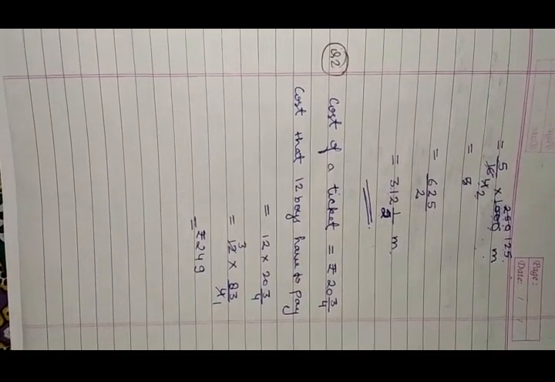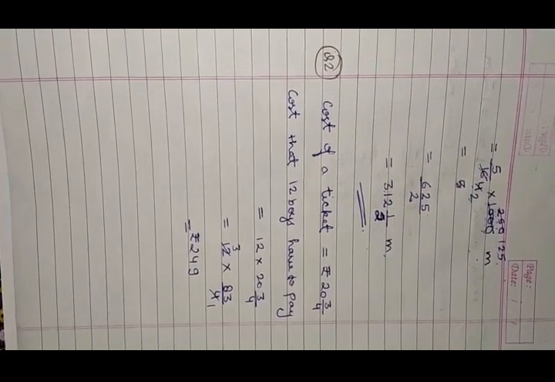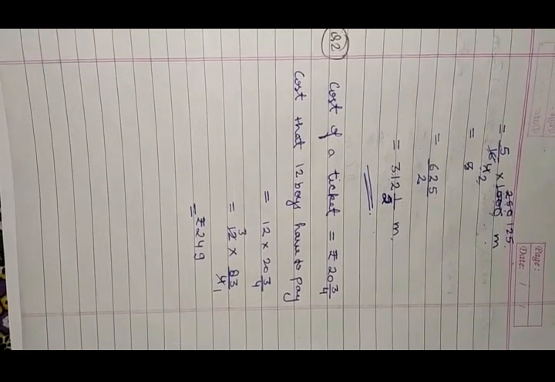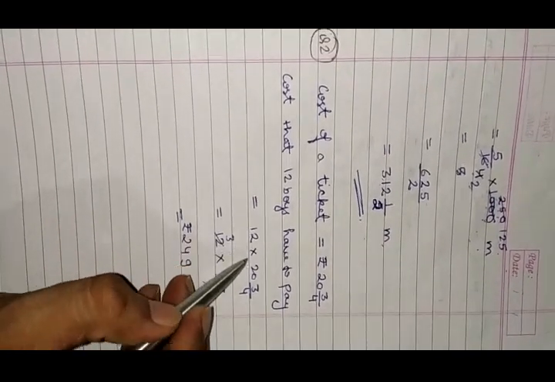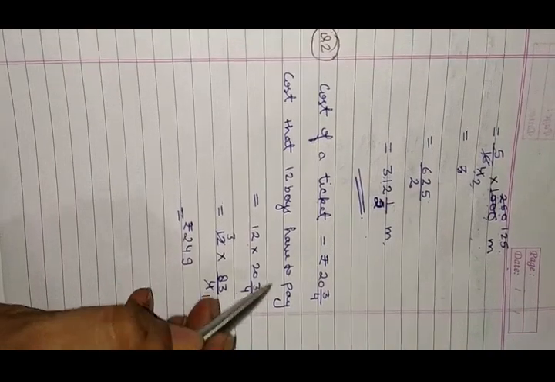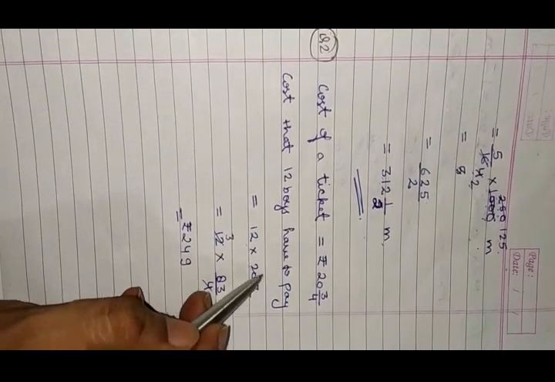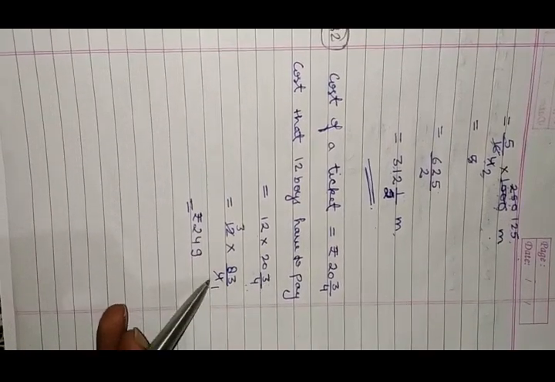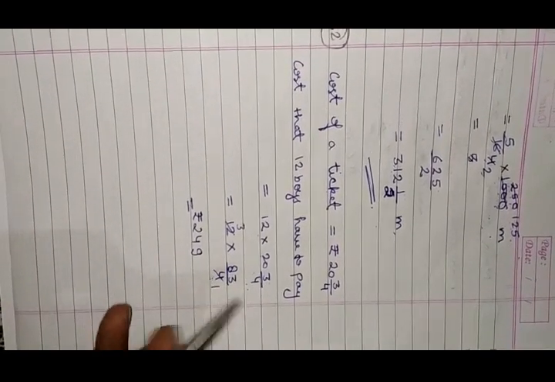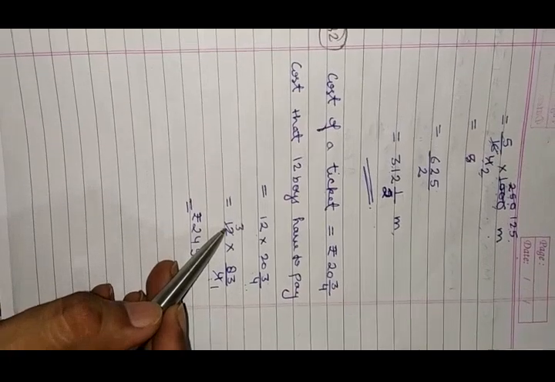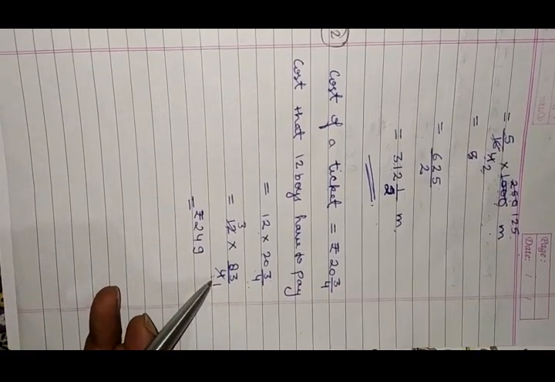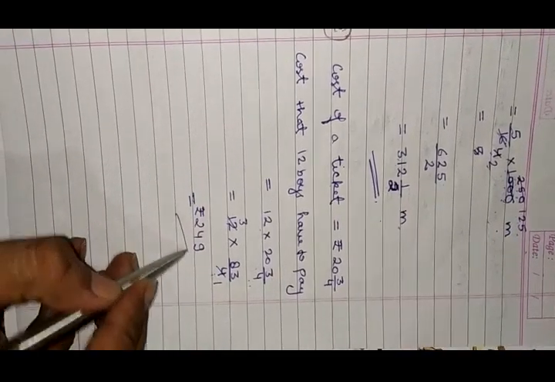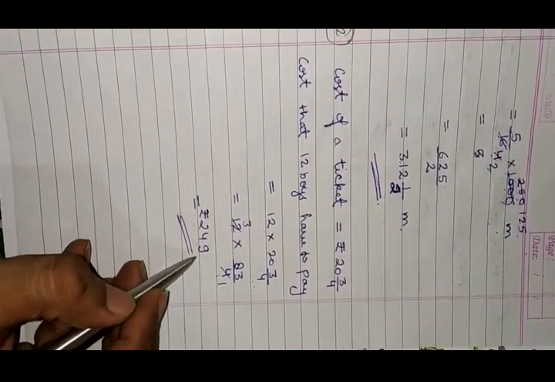Now the total cost that 12 boys have to pay is 12 multiplied by 2 3/4, the number of boys times the cost of one ticket. Convert this mixed fraction into improper: 11/4. Now 4 and 12 have a common factor 4. 4 ones are 4. 4 threes are 12. 11 times 3 is 33. So 12 boys have to pay 33 rupees for tickets.